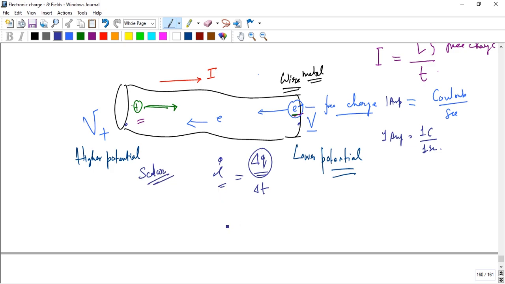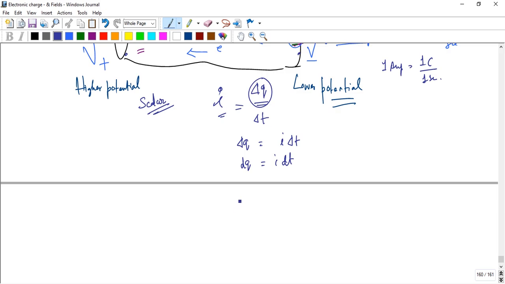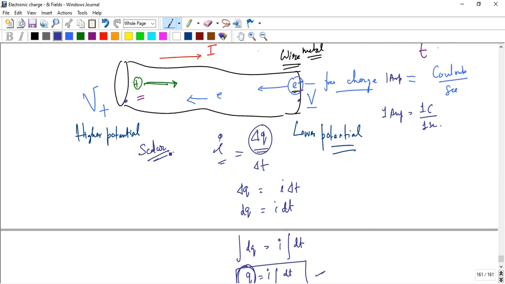So I equals delta q by delta t, so delta q equals I delta t, and now taking the limit on both sides, dq equals I dt. Now if we integrate both sides, q equals I times the integration of dt. That's how to find the total charge moving in a given total time. That's the basic concept of current here.